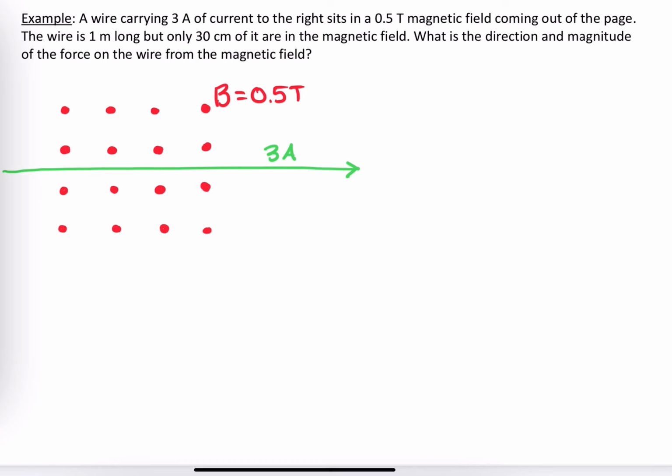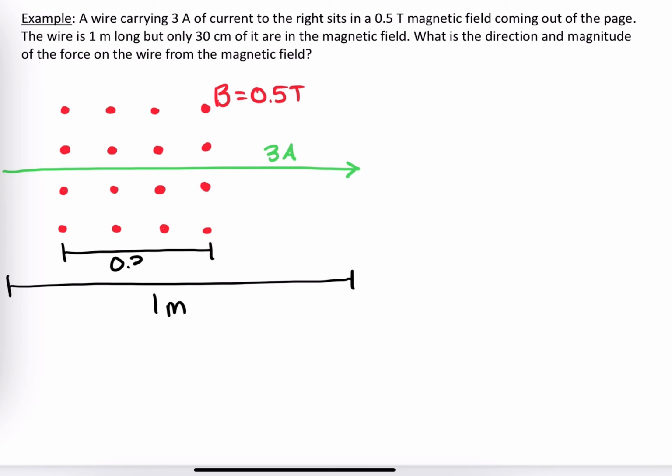So from here to here is 1 meter, but only 30 centimeters of it are in the magnetic field. So from here to here is 0.3 meters. What is the direction and magnitude of the force on the wire from the magnetic field?